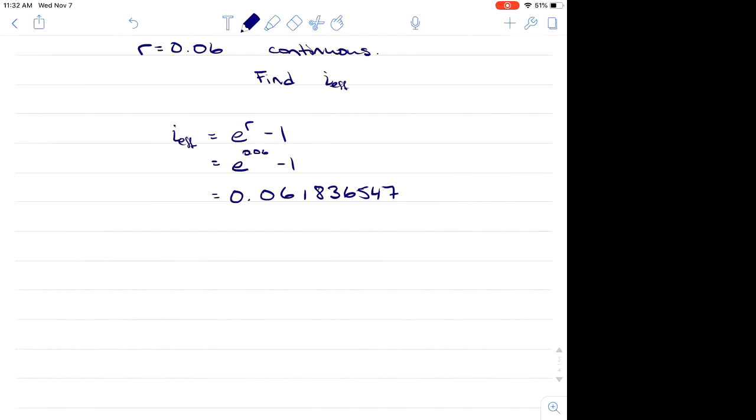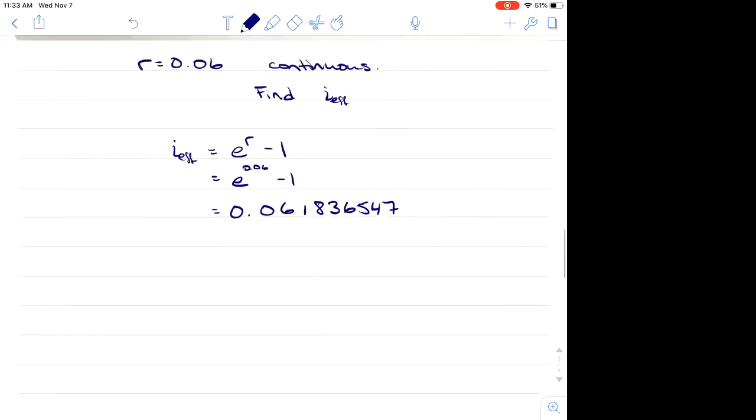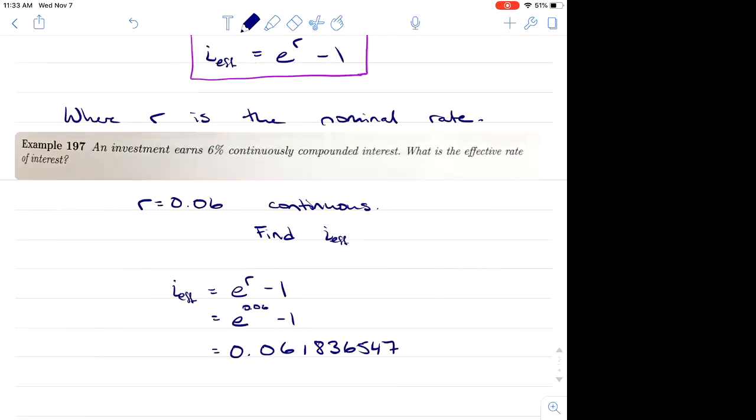So that's just a way quicker way to do what we did before, right? We found the future value of a continuously compounded rate, and then we used that to find the annually compounded rate. But this does that exact same thing. And so 6.18% compounded annually is the same as 6% compounded continuously.